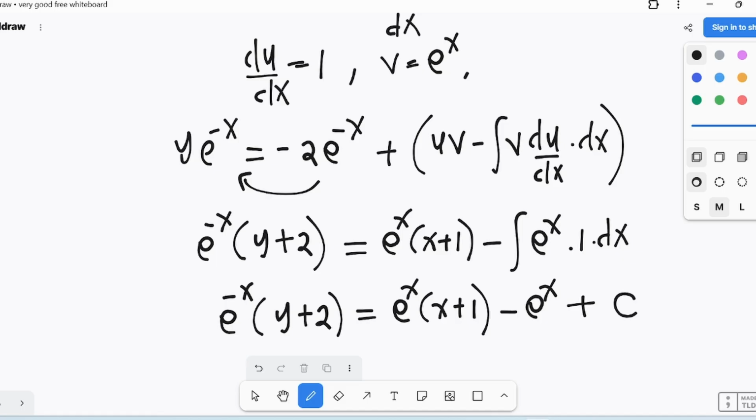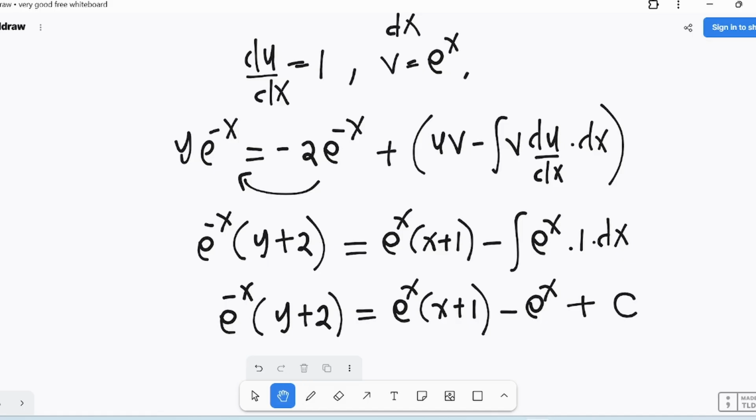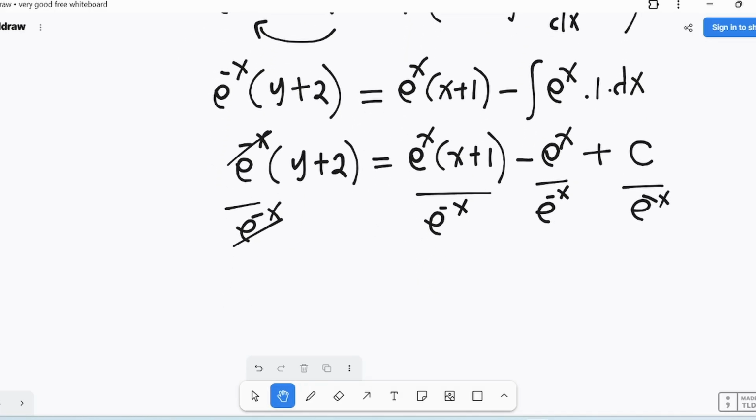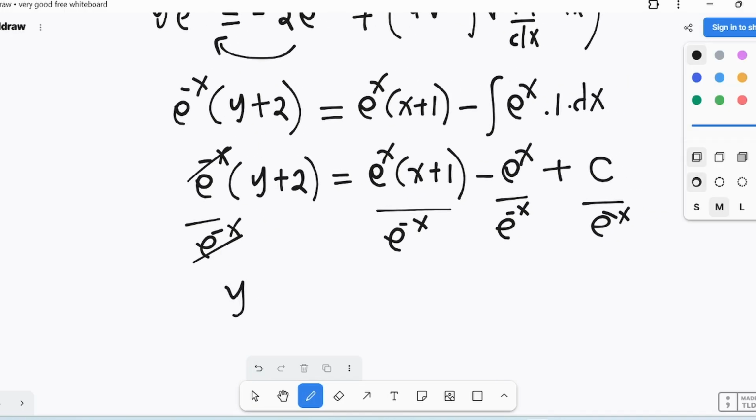Dividing throughout by e^(-x), we shall have y + 2 equal to, now we go slowly. e^x out of e^(-x) is the same as e^x times e^x.